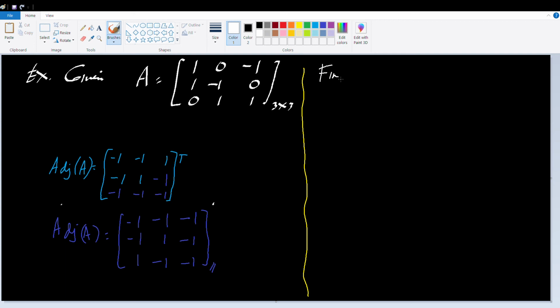Let us find the product of A and its adjunct.